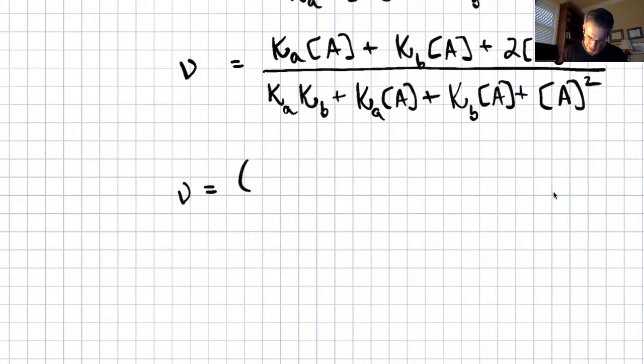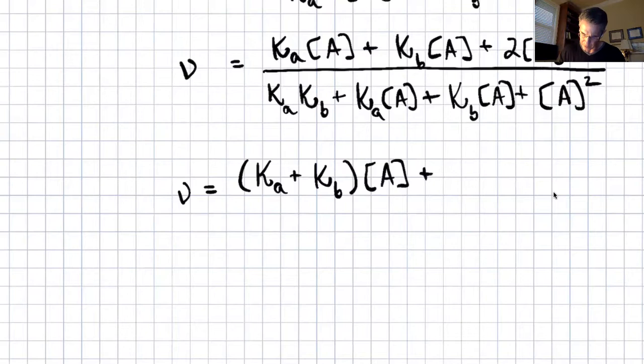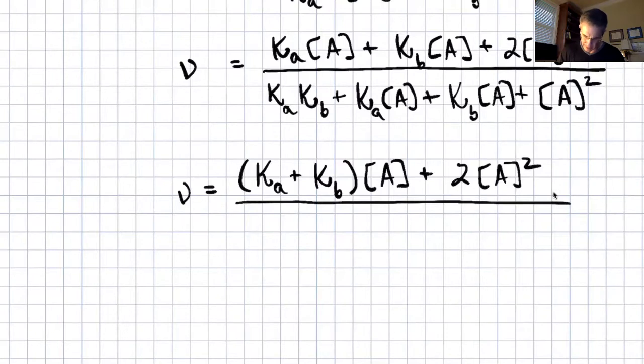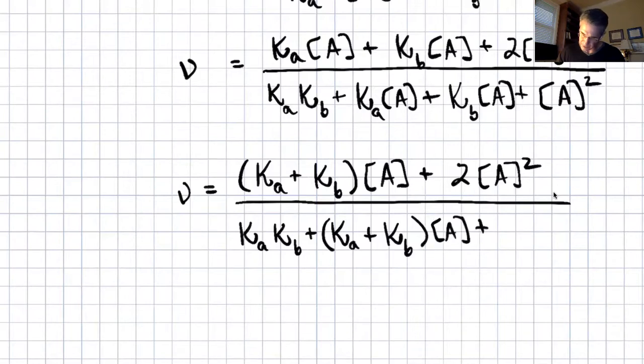That means we can write down something that looks like this: kappa A plus kappa B times concentration of A plus 2 times concentration of A squared, divided by kappa A kappa B plus kappa A plus kappa B times concentration of A plus concentration of A squared.